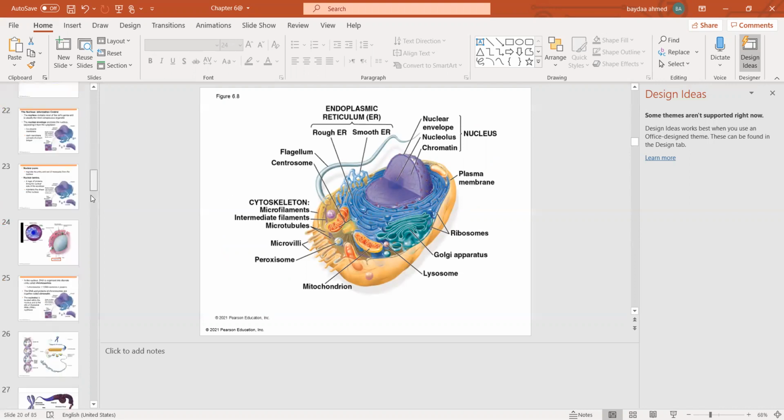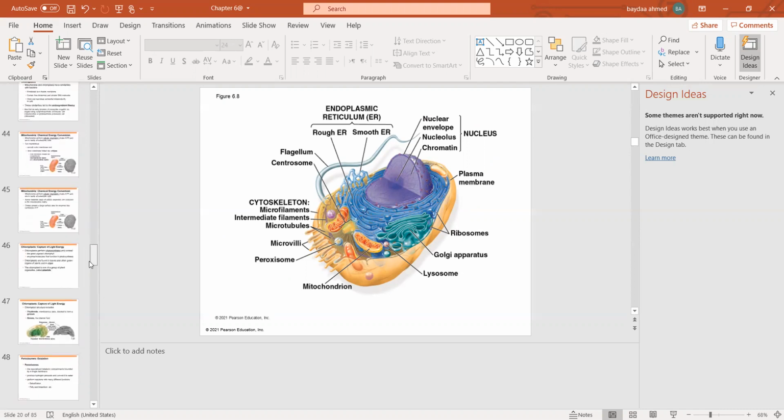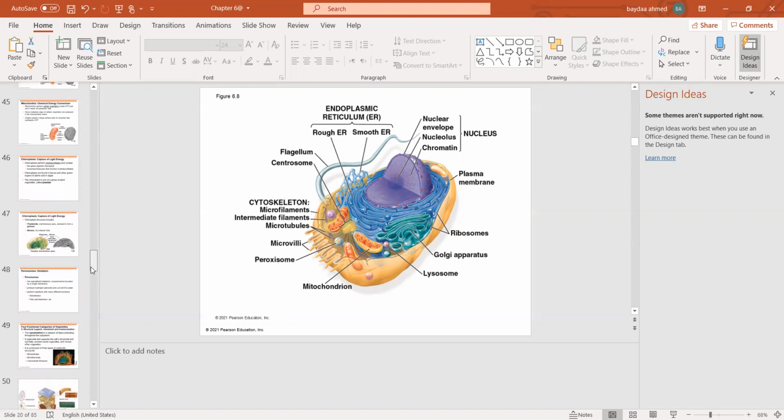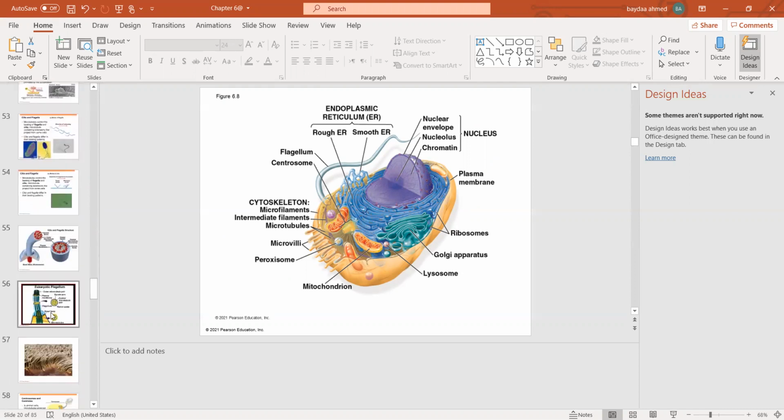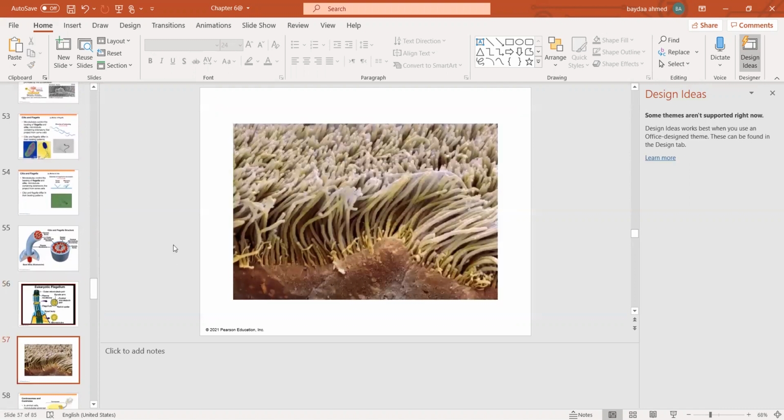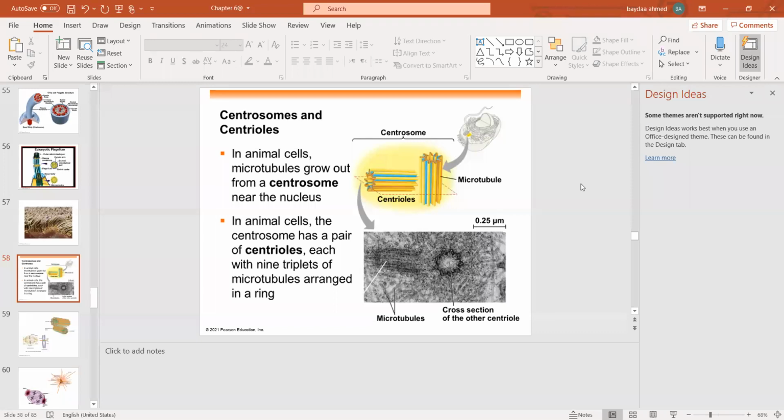Centrosomes are responsible for forming microtubules during cell division. Within the centrosome is a pair of centrioles.